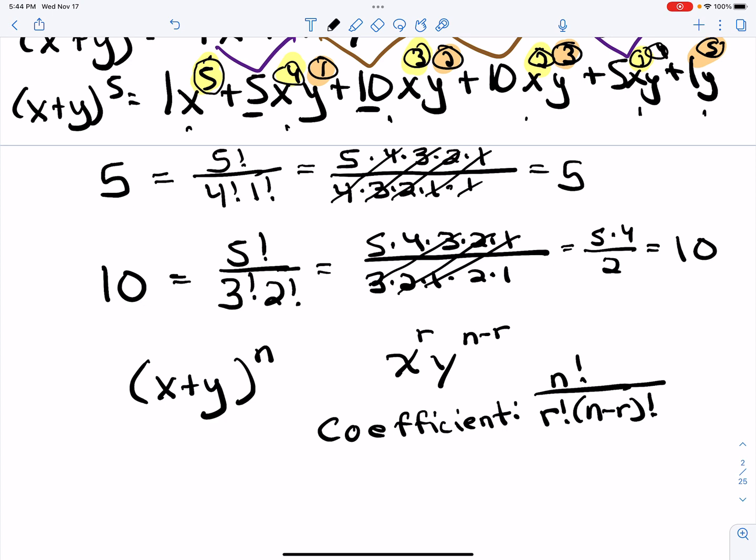So if one of your exponents, let's say, is 2, then the other one has to be 5 minus 2, or 3. That's the whole r and n minus r thing. So it's just a fancy way of saying that whatever your power is for that binomial exponent, that factorial goes up top, and then when you're looking at that particular term, trying to find the coefficient, your exponent on the x factorial goes on the bottom, and your exponent on the y factorial goes on the bottom. But if you let x's exponent be r, y's exponent has to be n minus r.